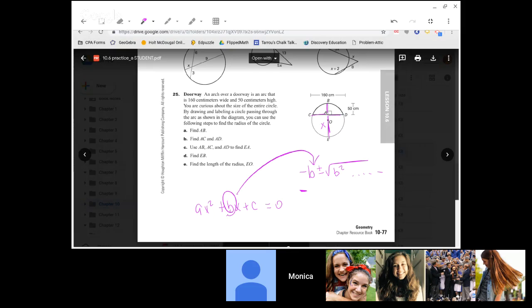But if your b is negative, like negative bx, so say it's negative 5, then in your formula, it's negative b. So you would be saying negative negative 5, which would make that a positive 5. Does that make sense? Okay.